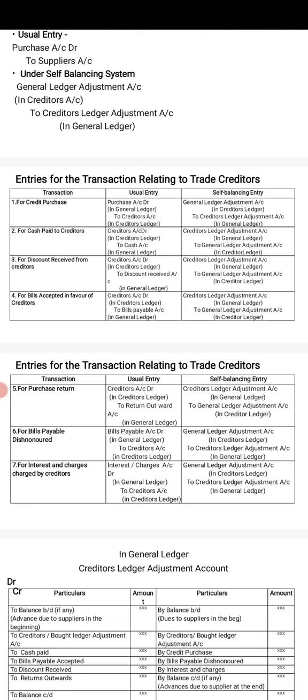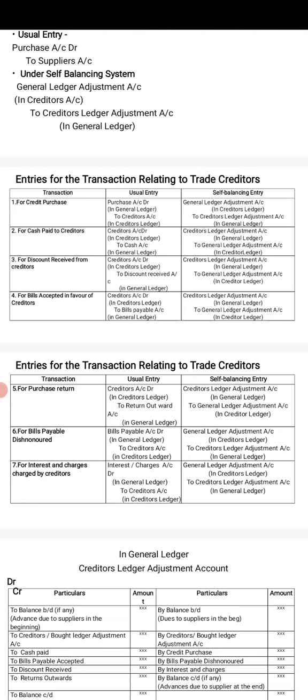Fifth entry will be, if any goods are returned by the company to the supplier, that is called purchase returns. The reasons for returning may be that the company purchased in excess of the actual requirement, or else any damages found in the raw materials.